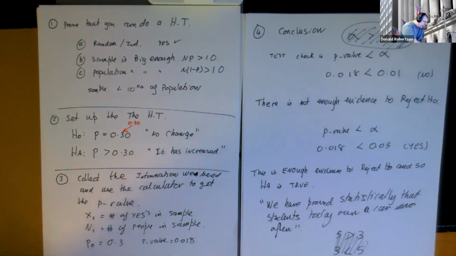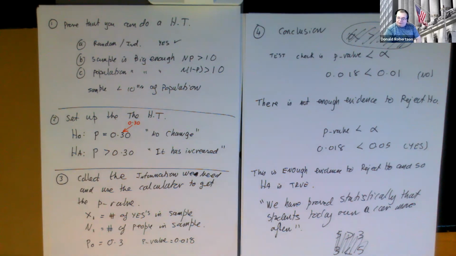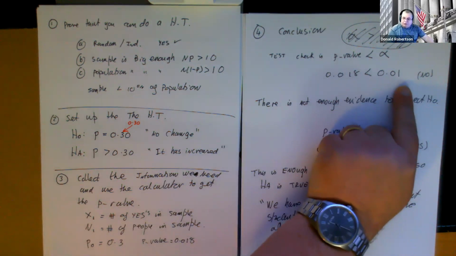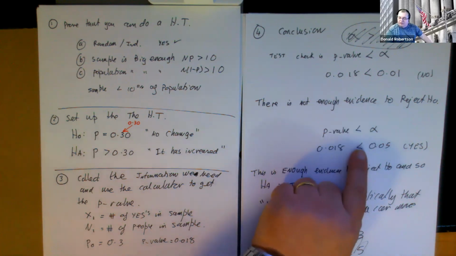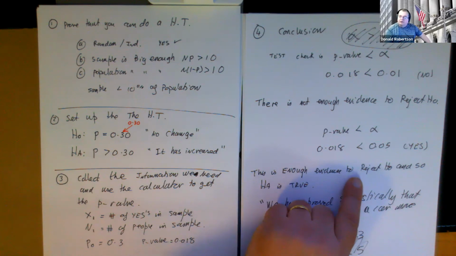And what I was getting at in this question is something that you will also have to be skeptical about when people tell you they have proved something statistically. When I had the significance level of 1%, there wasn't enough evidence to prove that teenagers had more cars, right? But when I changed the significance level to 5%, it now says that there is enough evidence.